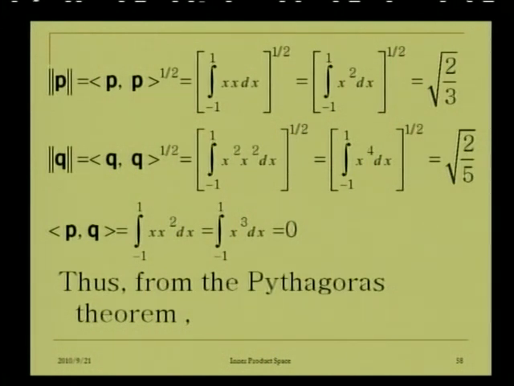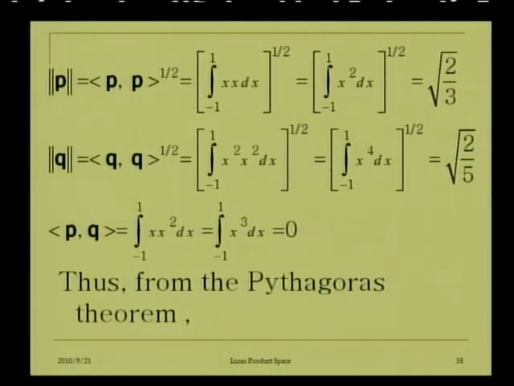So x square is an even function of x, and therefore this will be 2 times the integral from 0 to 1 of x square dx inside the square root, and that will give us the square root of 2 by 3. And similarly, the norm of q is the square root of the inner product of q with itself, and simplifying it, we have its value, square root of 2 by 5.